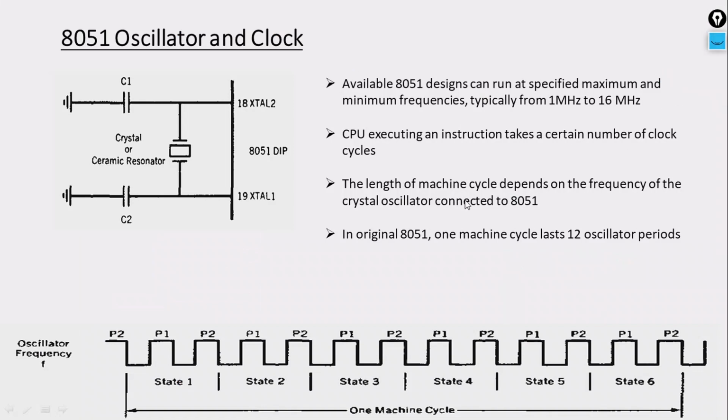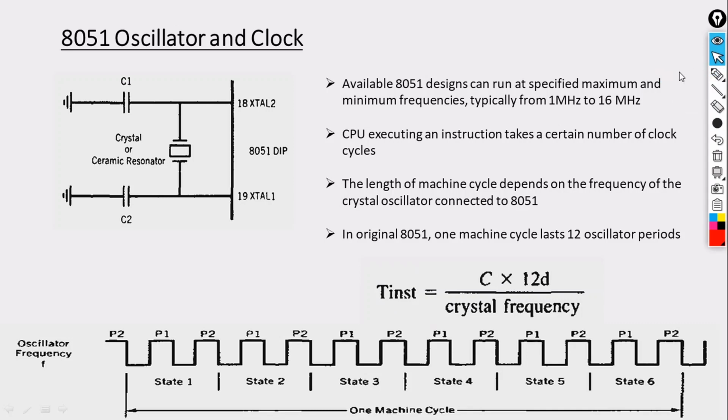Now if we look at this, the total time period here is going to be 12, and the clock frequency, let me take 11.0592 for 8051, for most of these things.